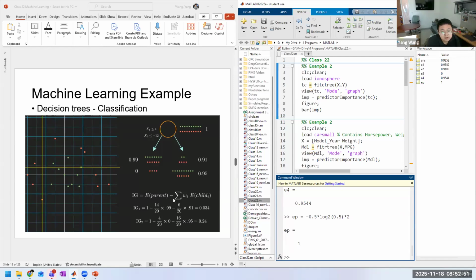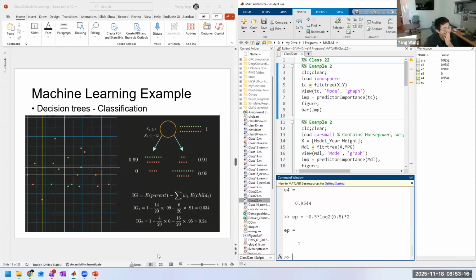So you use the entropy of the parent minus the weighted sum of the entropy for the children, and the information gain from the first split is going to be 0.034, and the information gain from the second split is going to be 0.24. If you compare the two information gains, the second split is better.